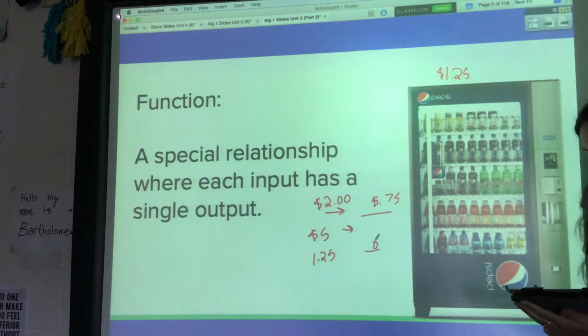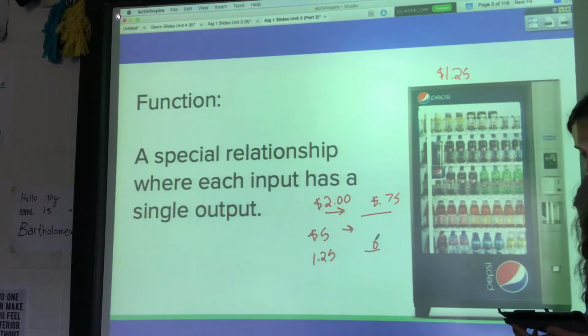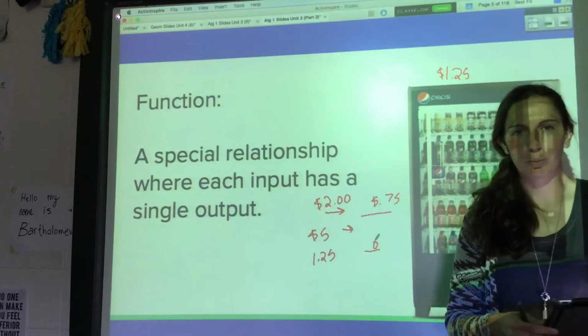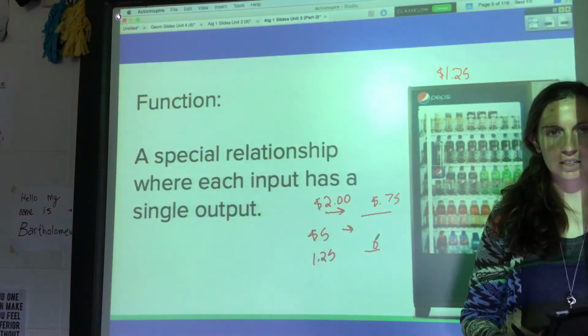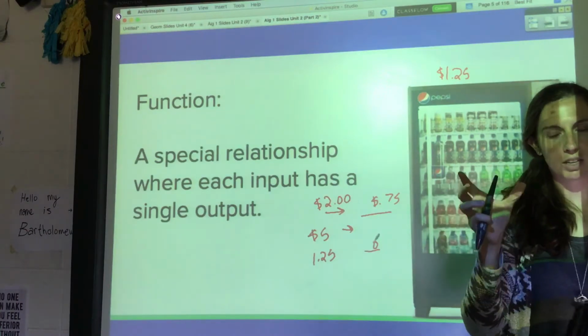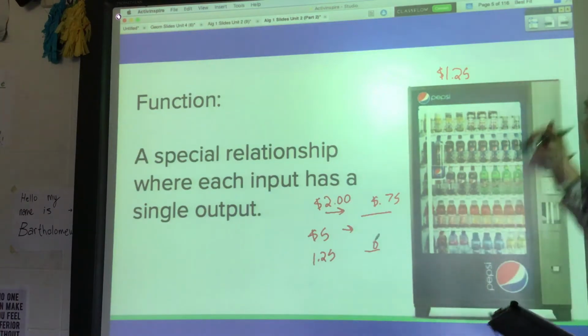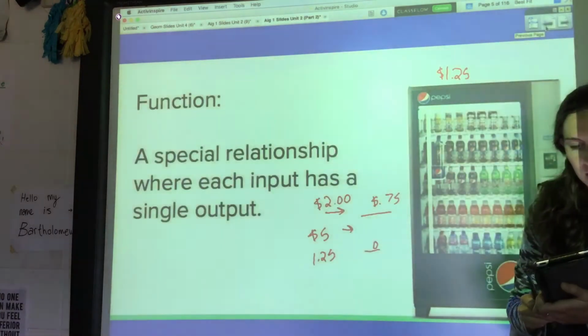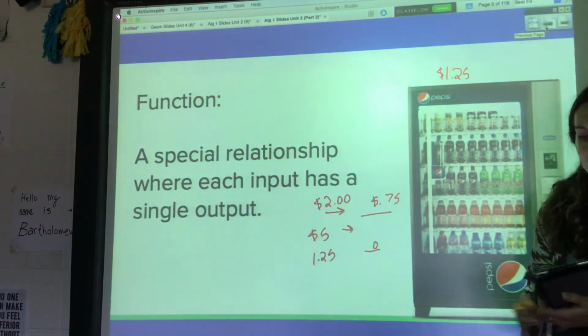Another example would be, it doesn't even have to be numbers. For example, every move you can make on a Rubik's Cube is a function because each move creates a new output of the cube. So that's a function. You could talk about paint.